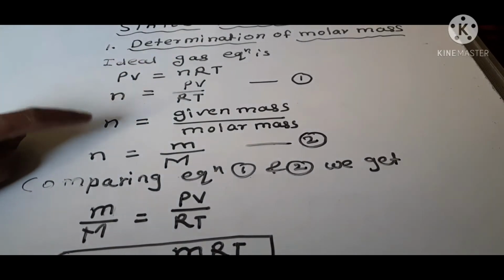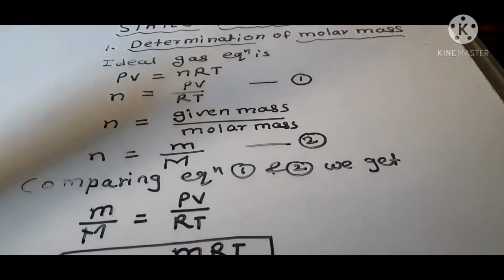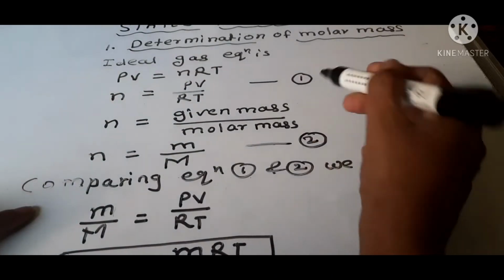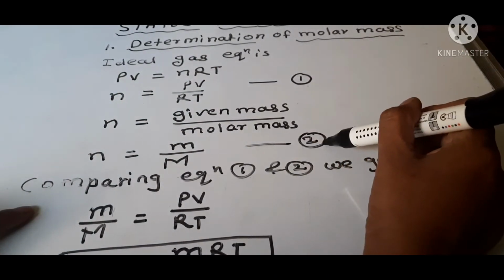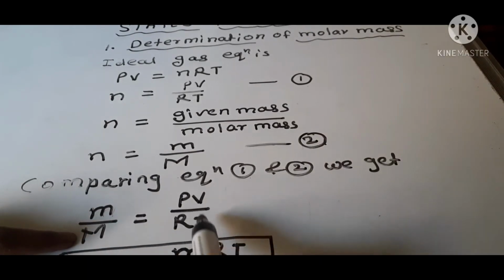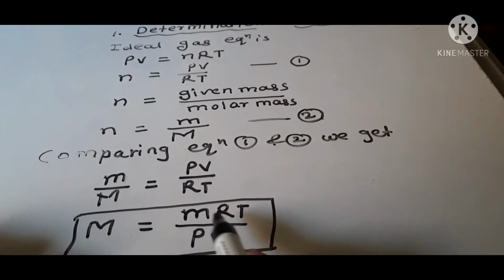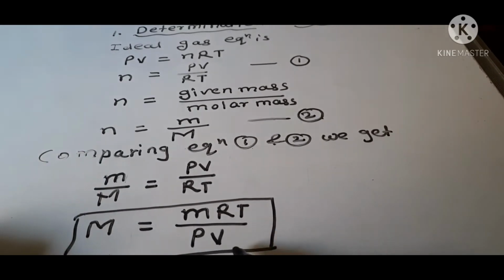But as you know, n, the number of moles, equals given mass upon molar mass, so n equals small m upon capital M. Then comparing equations 1 and 2, we get small m upon M equals PV upon RT. And then we can write M equals mRT upon PV.